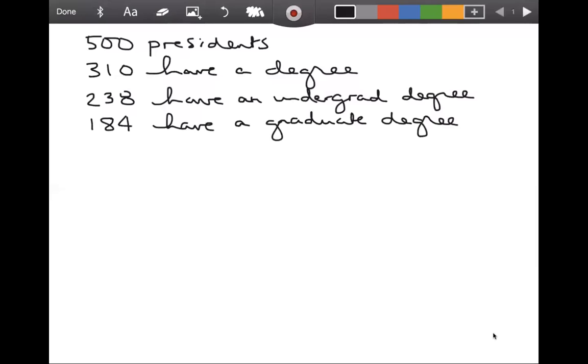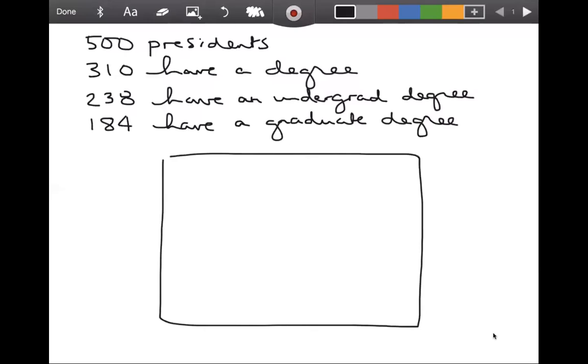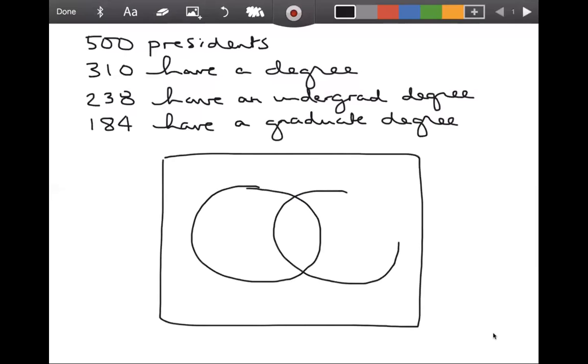All right, so I've jotted down the numbers that were given. So now I'm going to draw my Venn diagram. Okay, and just to stay consistent with the way the book did it, I am going to call these sets S and T. Normally, I like to name my sets after something.